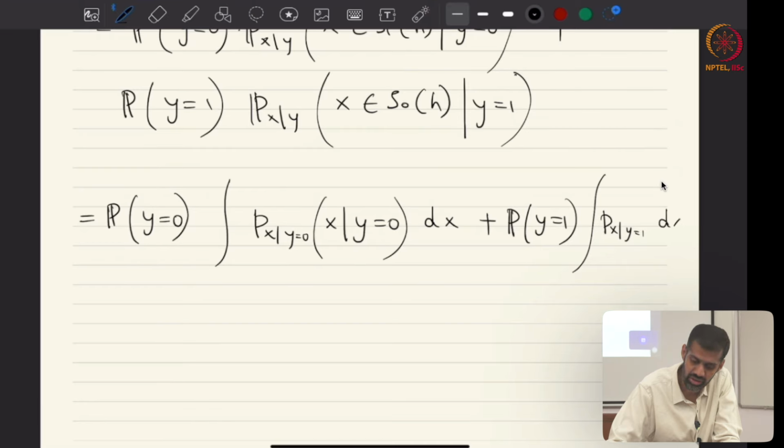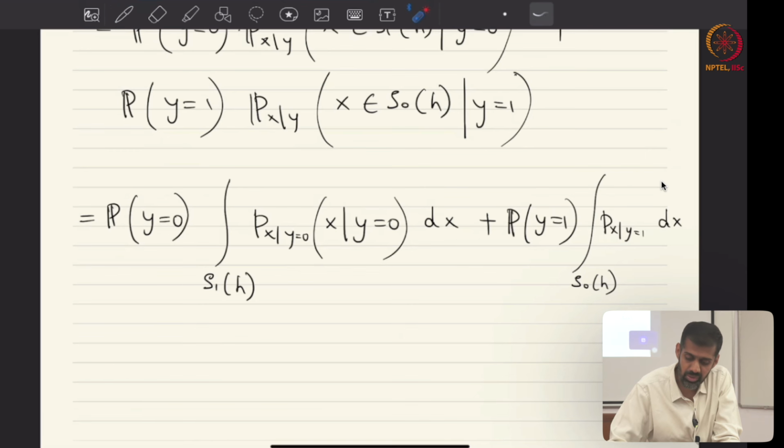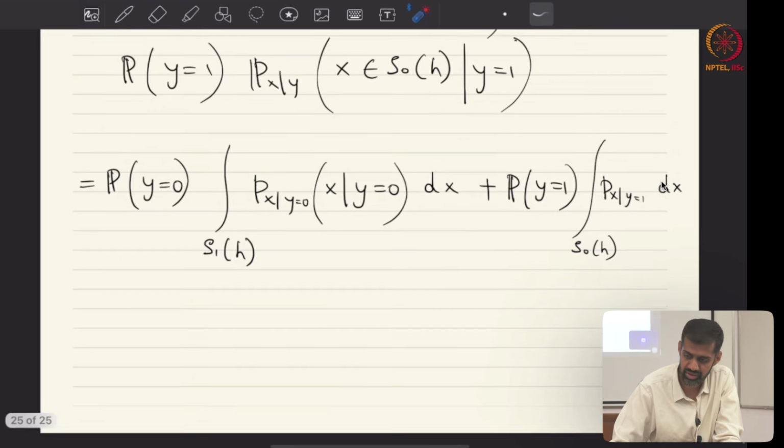This is what it is. And this integral is over what set? This is over S1 of h and this is over S0 of h. And note that these two are two different distributions, two different conditionals, by definition. This is what it is, right?